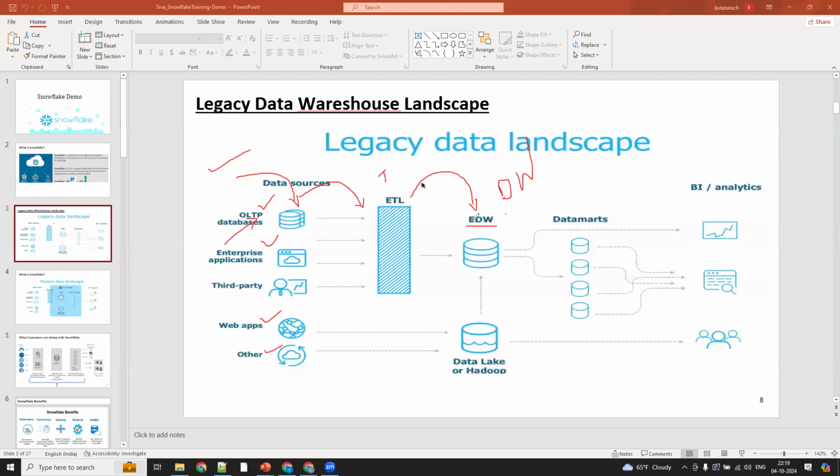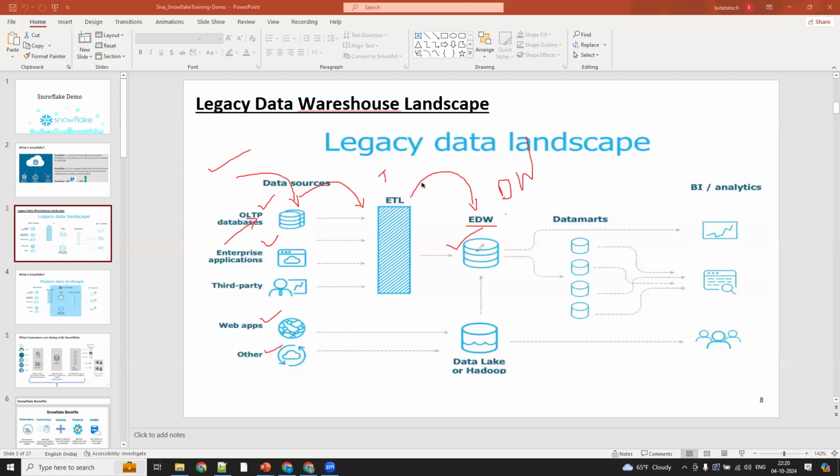The enterprise data warehouse means, in an organization, you'll be having different departments, right? Let's say if I take Walmart, you have a purchasing department, a marketing department, an inventory department, let's say an HR department. Different departments are there. I'm going to store all my tables data in my enterprise data warehouse.